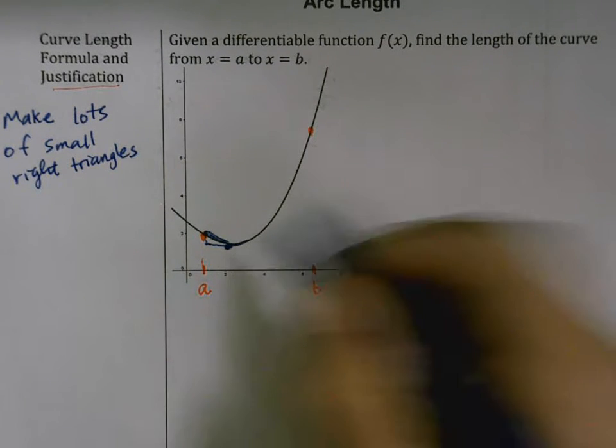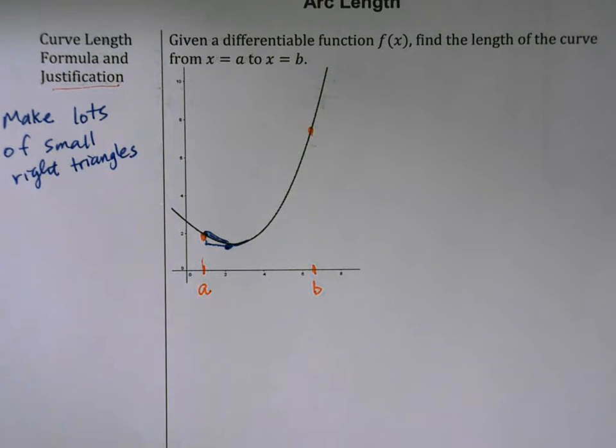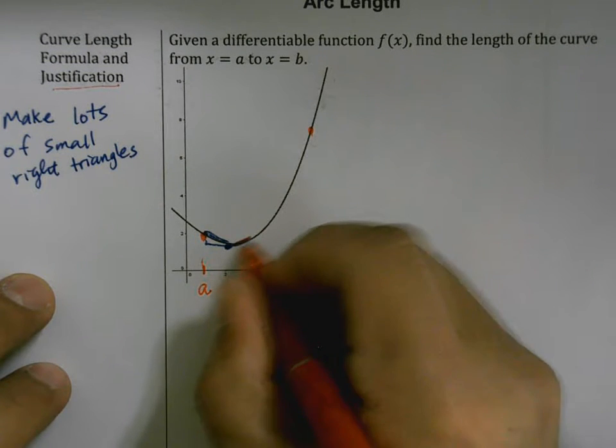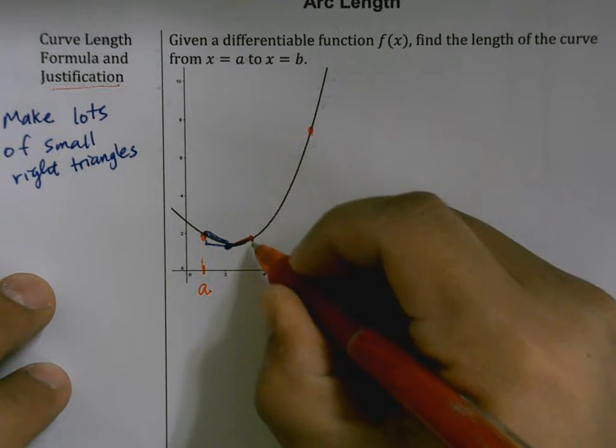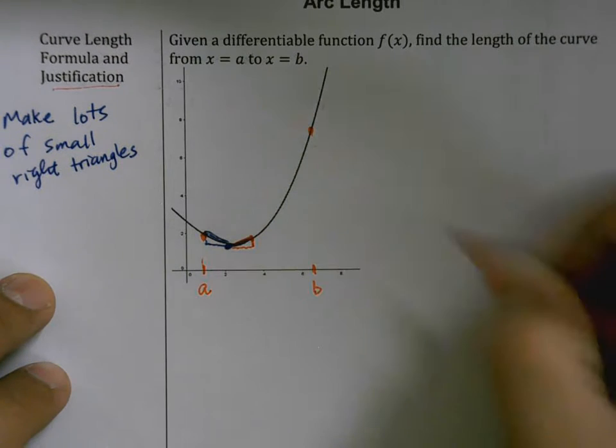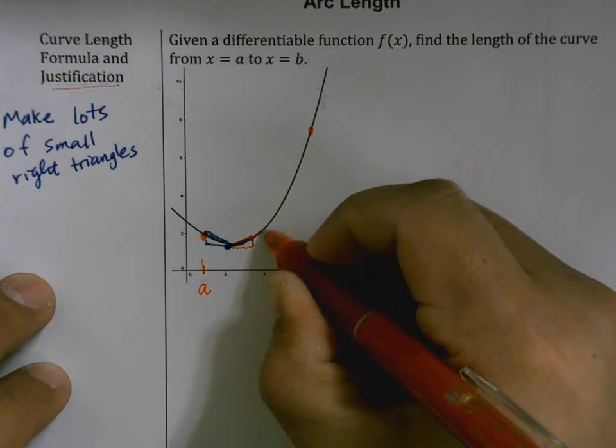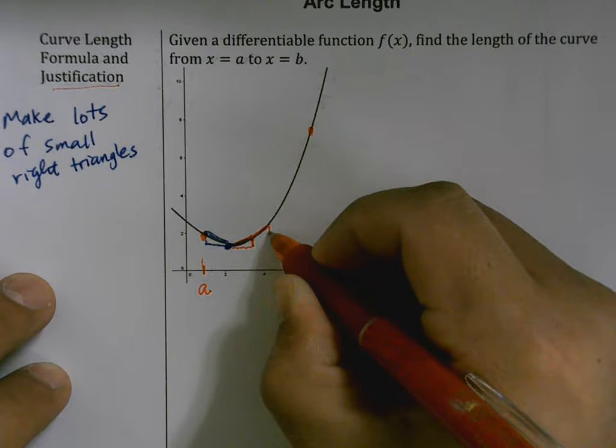And then, draw another line here. I'm going to use a red marker for this. And draw another line here. And then, we can make a little right triangle right there, and then another one here.